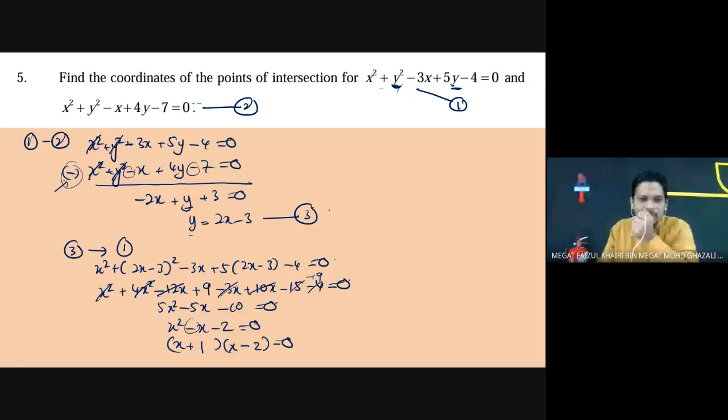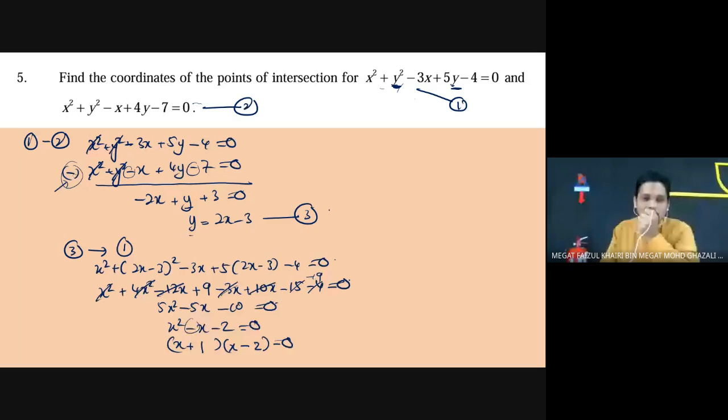Okay, negative 12 minus 3, negative 15. Negative 15 plus 10, negative 5x. And negative 15 minus 4, negative 19. Negative 19 plus 9, minus 10, equal to 0.